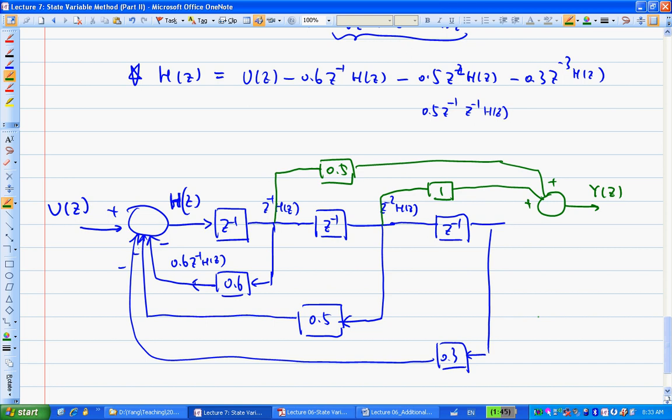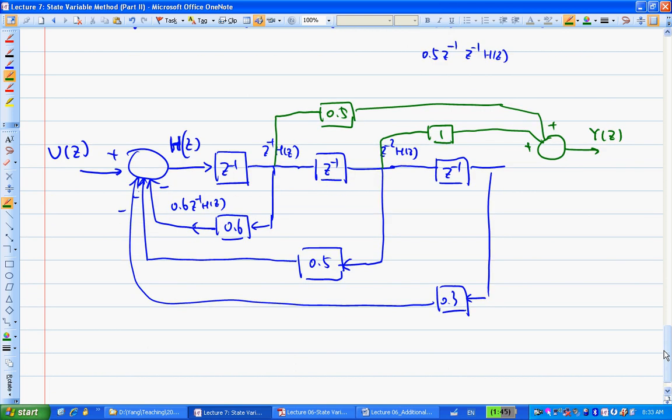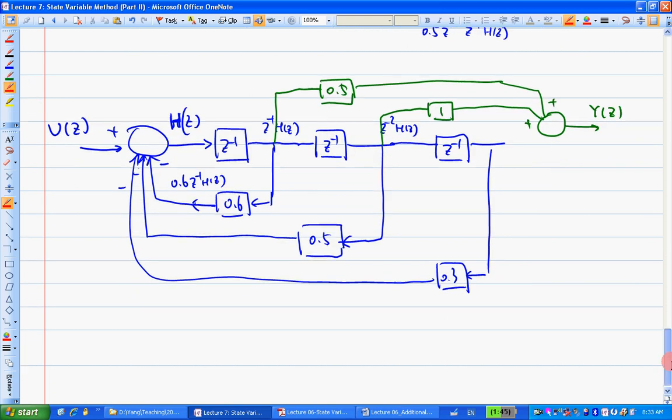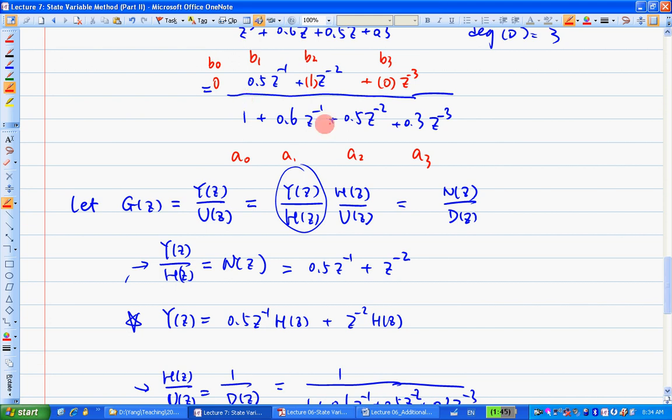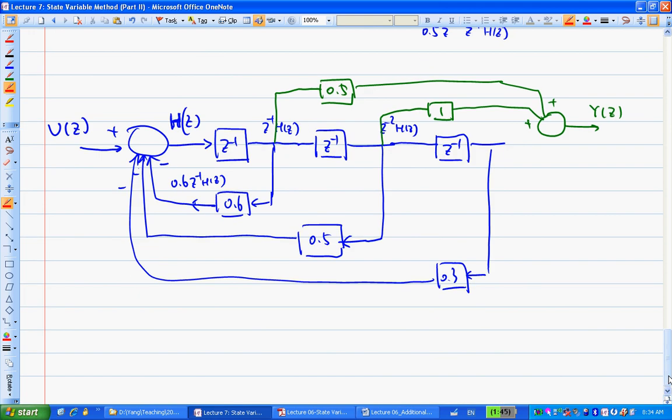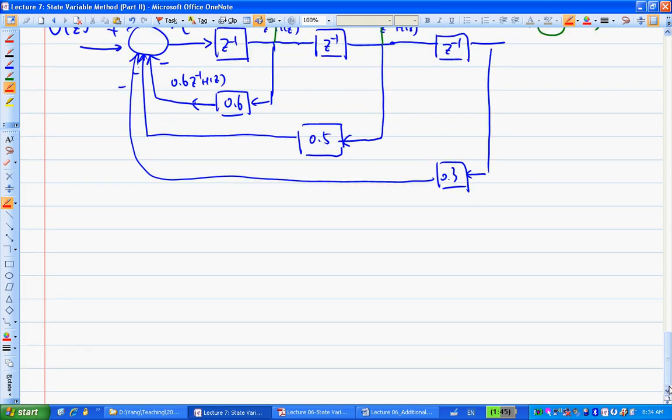Just for your exercise, let's say I have a slightly different pulse transfer function. This is my original pulse transfer function. Let's say the pulse transfer function is 0.5 z squared plus z.